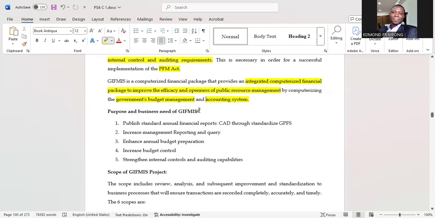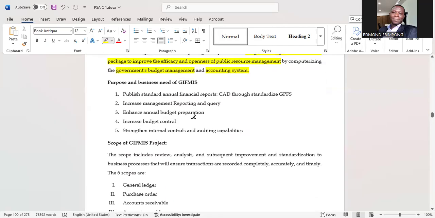What are the purpose and business need of GIFMIS? It helps to publish standard annual financial reports.